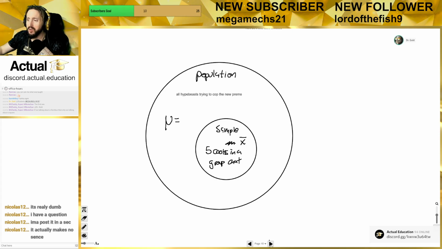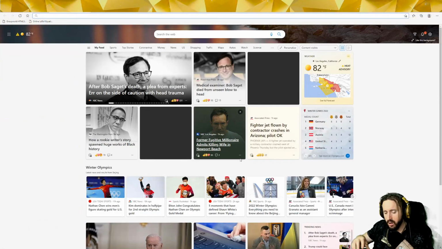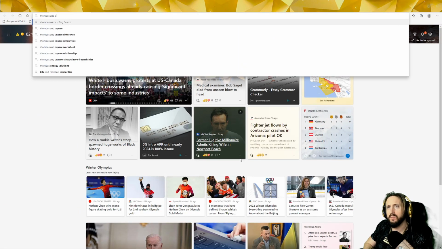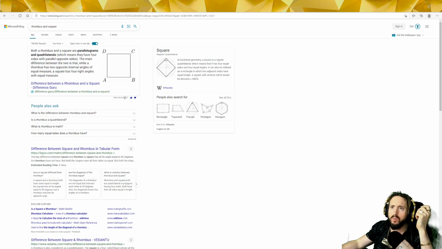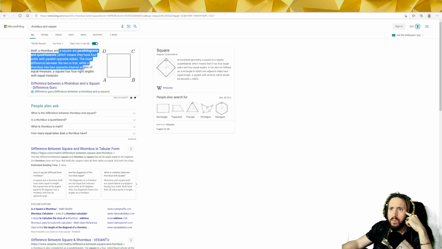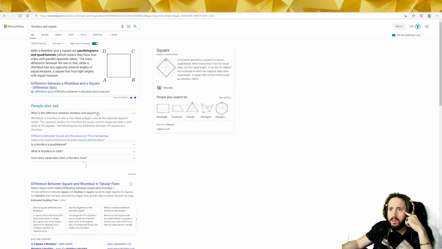We're talking about a rhombus. Why are we talking about a square? That's a good point. I think it's because a rhombus and a square are similar. Both have opposite internal angles of equal measure. A square has 4 right angles with equal measure.